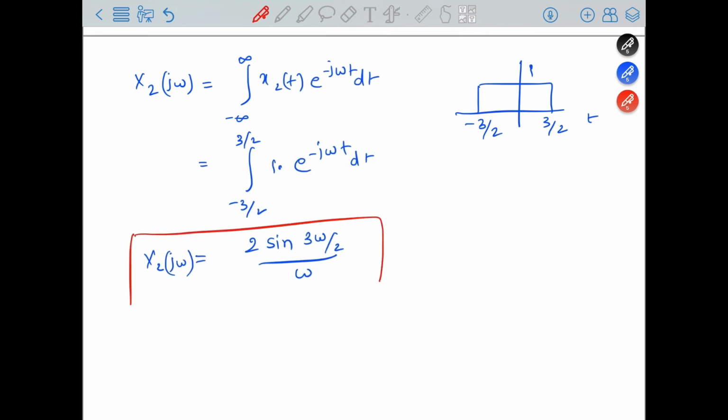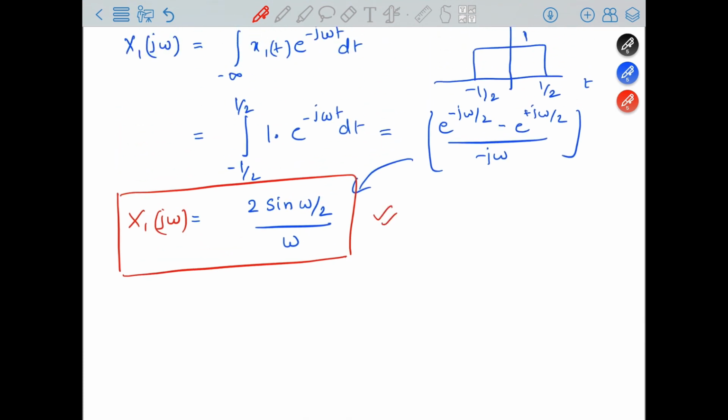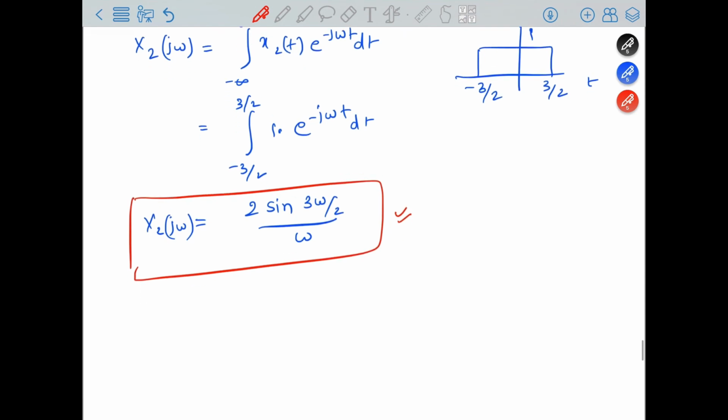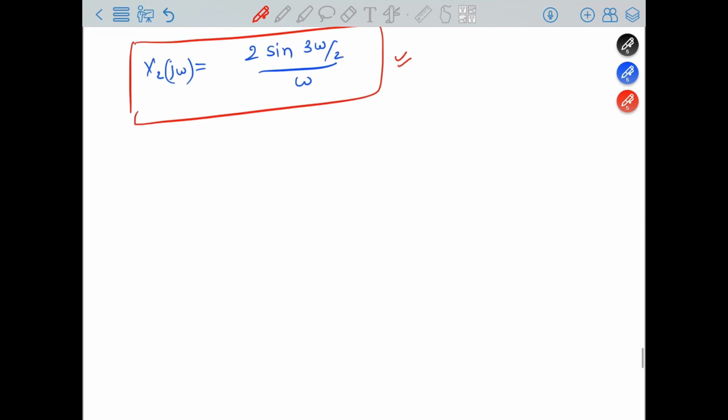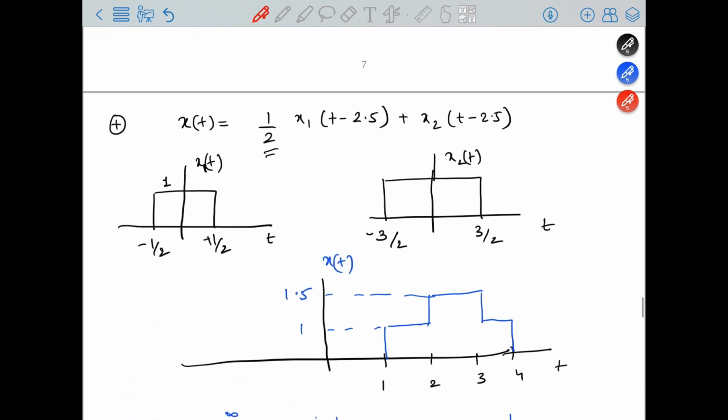So we have our X1(jω) as this expression, and we have our X2 as this expression. Now what we have to find: the expression we have for x(t) is basically a scalar of 1/2 multiplied in the time domain to the x1 signal, and then we shift that signal by 2.5. So what will be the equivalent Fourier transform?